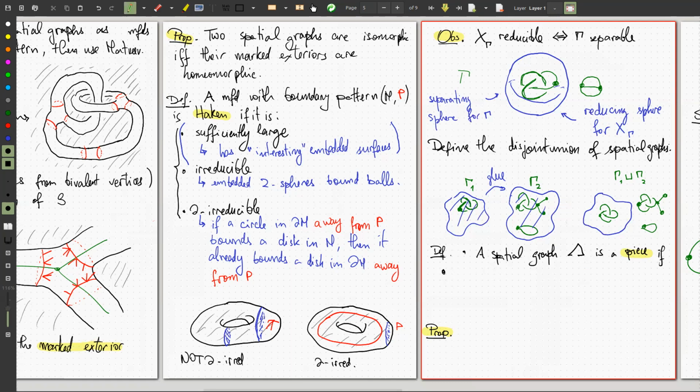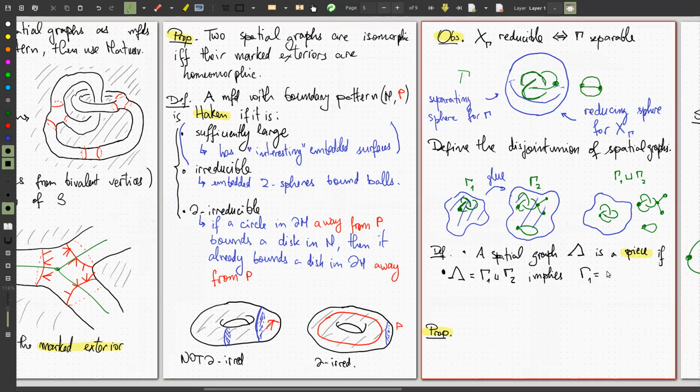One of them is that whenever you express lambda as a disjoint union of two spatial graphs, this already implies that one of them is empty. So gamma 1 is empty, or gamma 2 is empty.